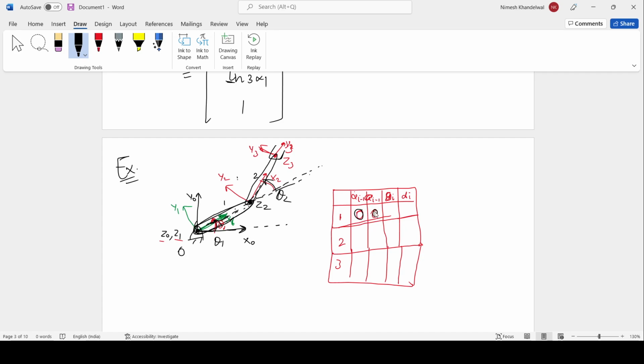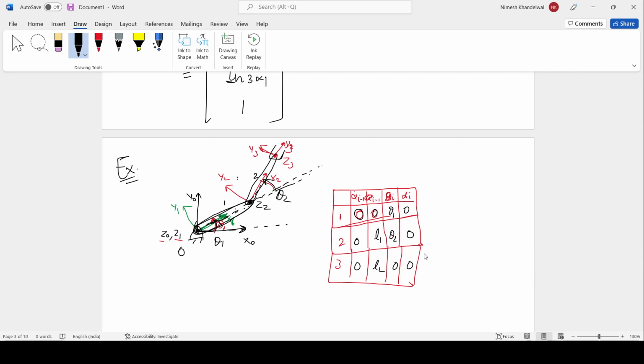So now this becomes theta 1. And what is d1? d1 is the offset between x0 and x1 along z, so this is 0 in this case. Similarly, if you keep writing these values for all these frames, you will end up with this DH table.